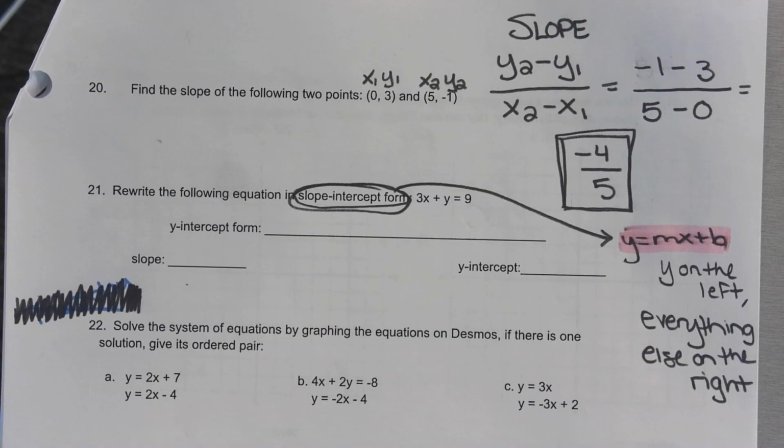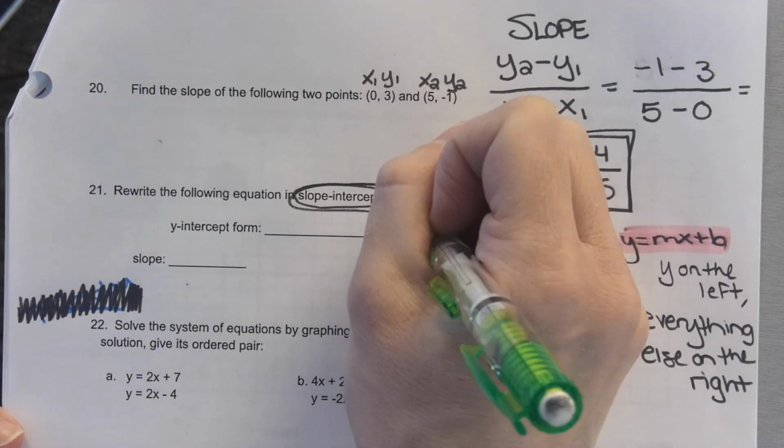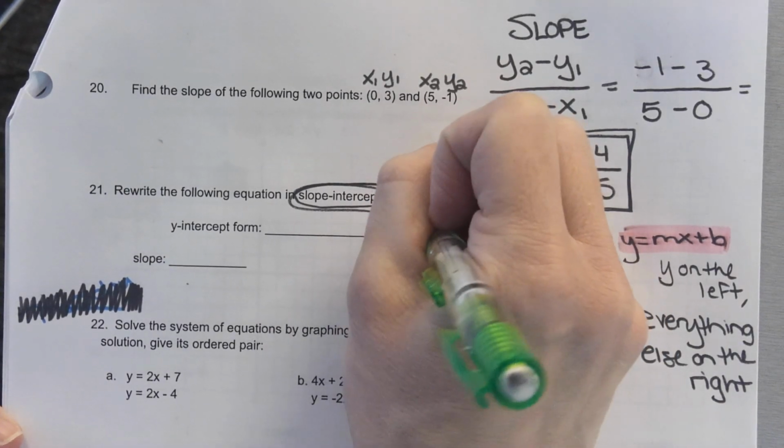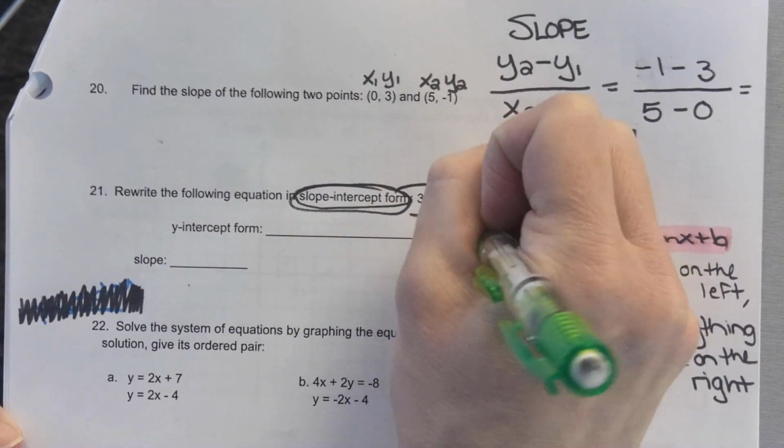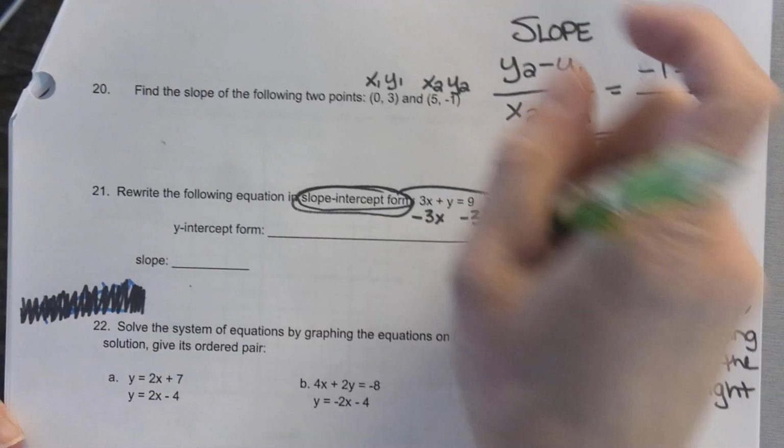Okay, so look at our equation for 21. Y is on the left, but what else is with it that I don't want? 3x. So how can I move that away? Yeah, let's subtract it. We always do the opposite, right?